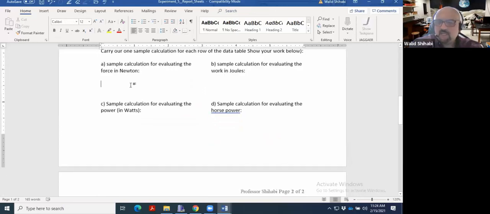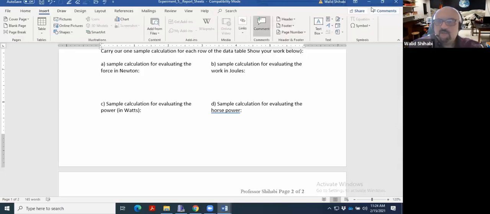By the way, for the calculation, if you're familiar with using the mathematical equation, you can do that. Or if you cannot use the equation, just use something like this: you can type 890 pound divided by 2.25, and you can write here pound per Newton.